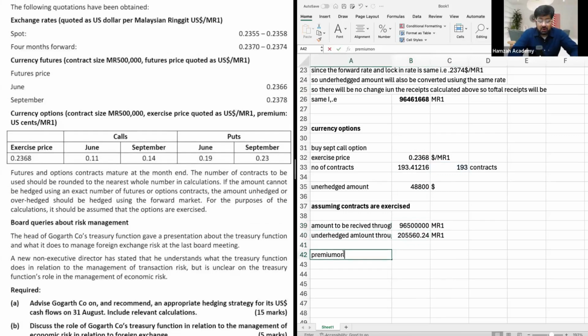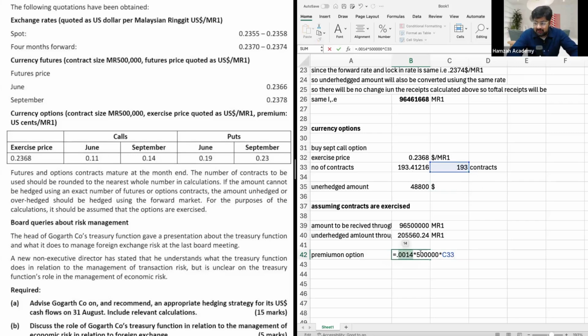Now, premium on option. They said it is in US cents per MR. So call September 0.14 is in cents, which is 0.0014 dollar per MR, into 500,000 each contract, into number of contracts.